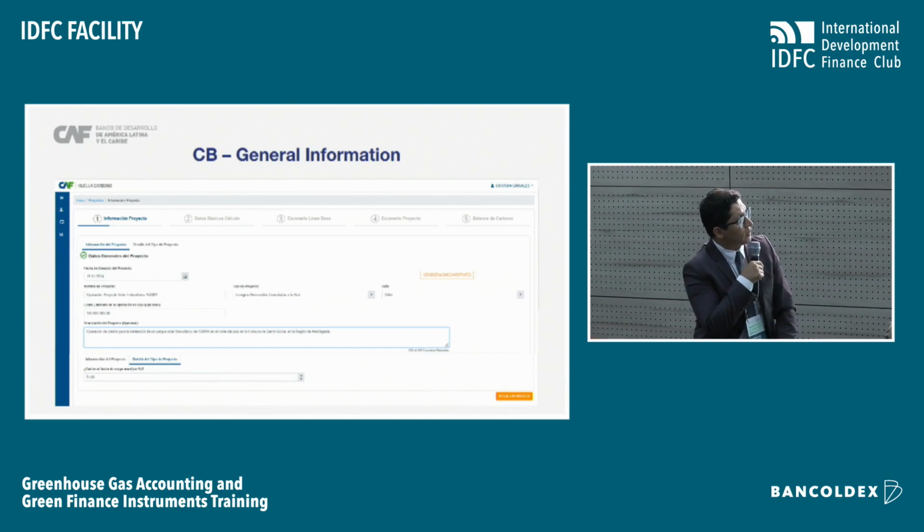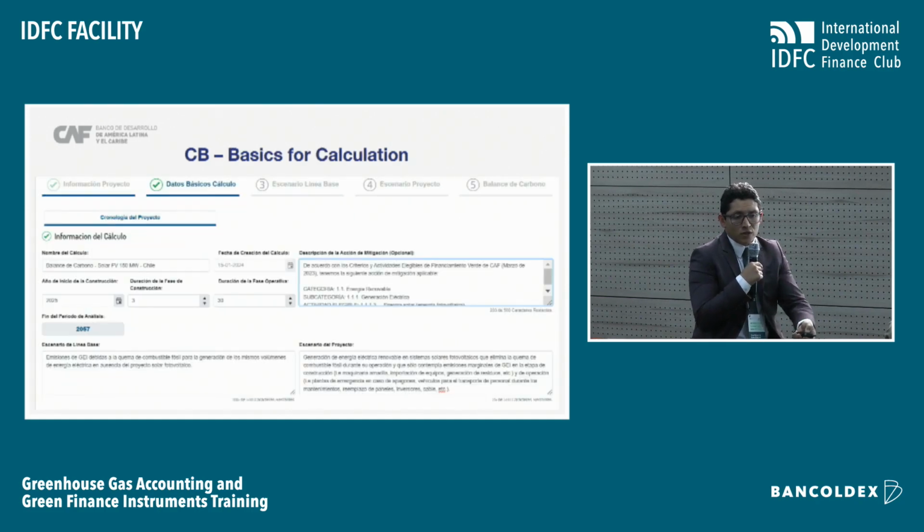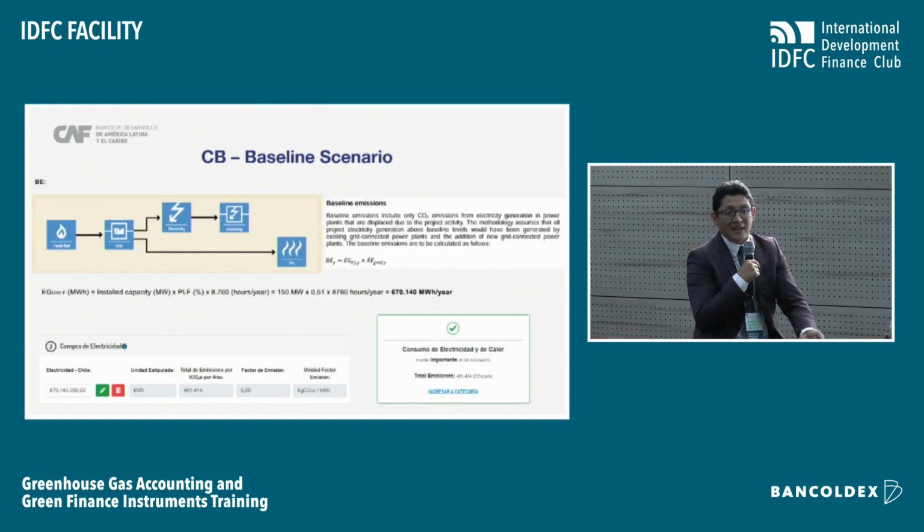You have to include some general information: basically who is performing the calculation, what the name of the project is, where it's located, what the component of that credit operation is that implies greenhouse gas emission reduction or removal, and what the component is that supports adaptation or the promotion or protection of biodiversity. Later we start with the inclusion of the activity data for the construction of the baseline.